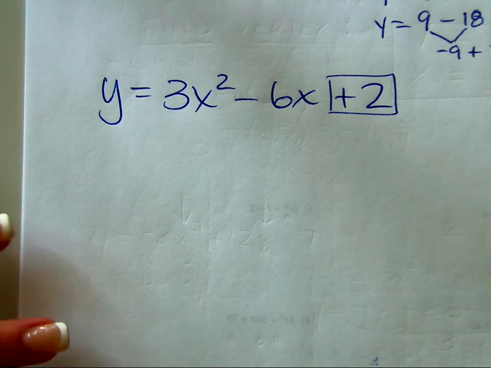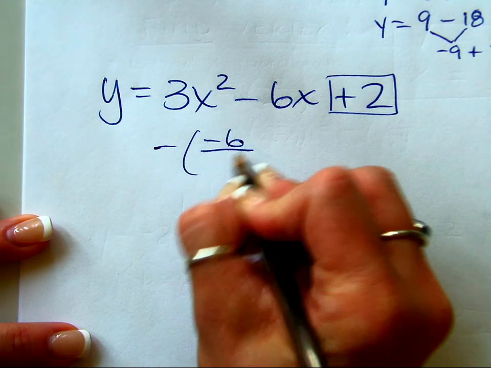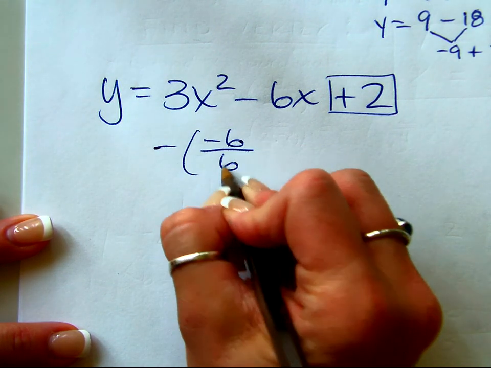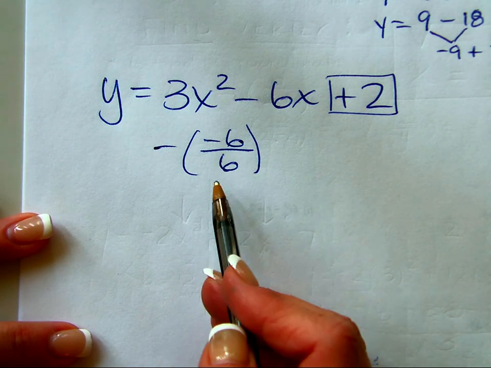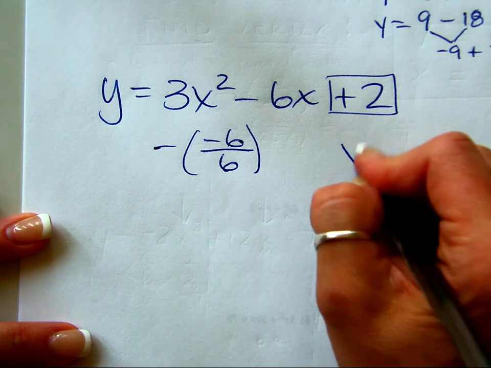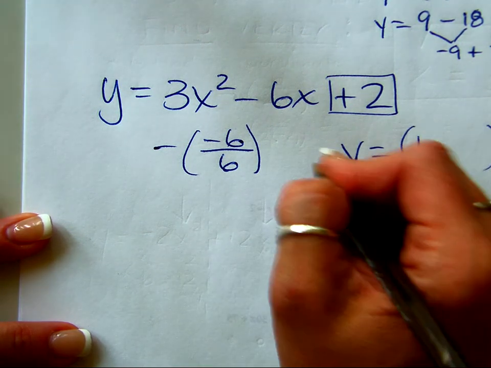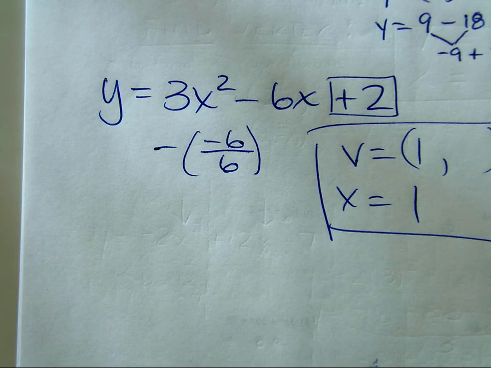So the opposite of b over 2 times a. I just did that. That's 6 over 6, that's negative 1. And the opposite of negative 1 is positive 1. So that's my x number, right? Which means my axis of symmetry is through 1.